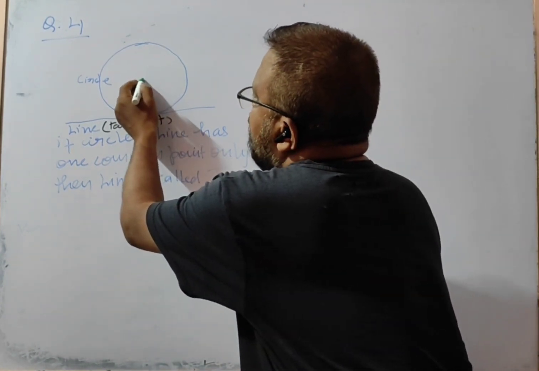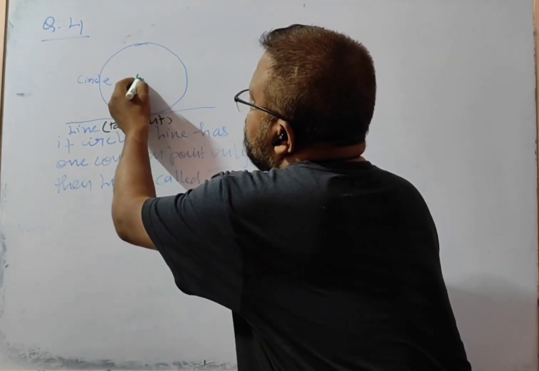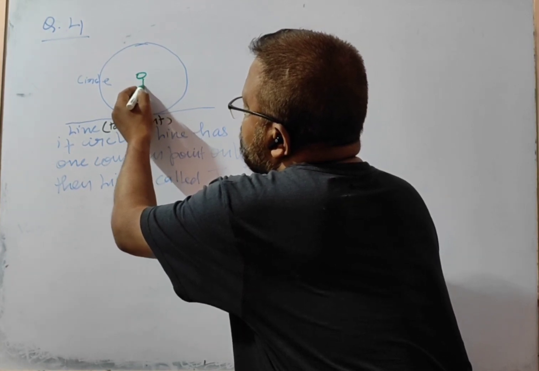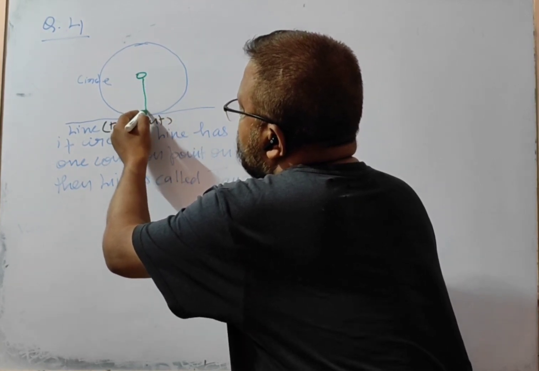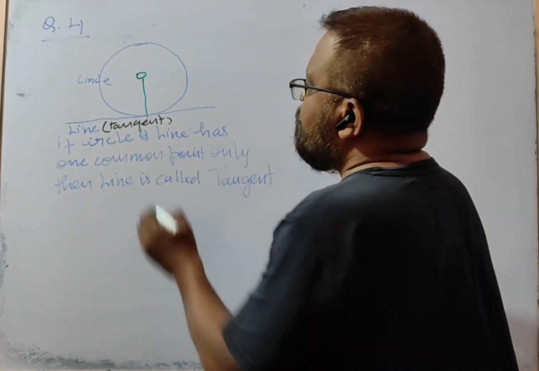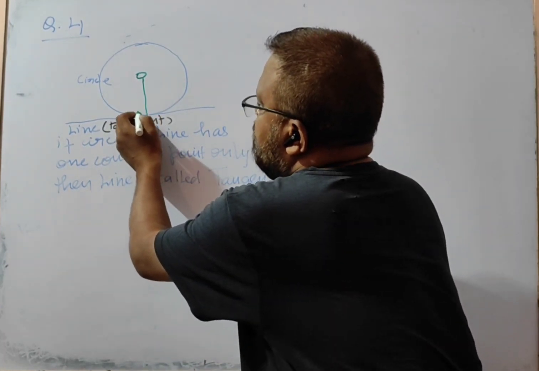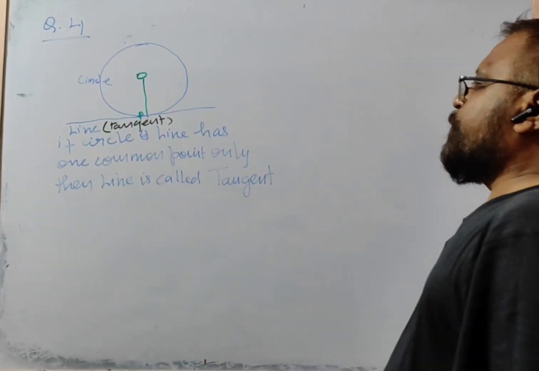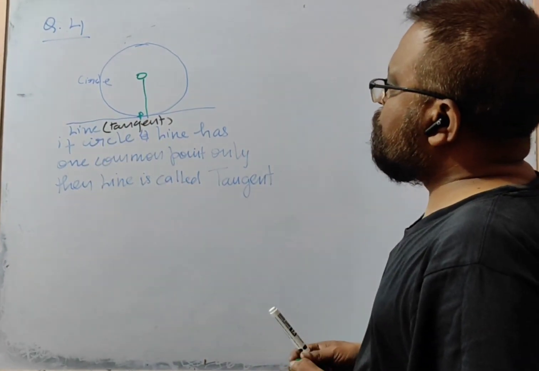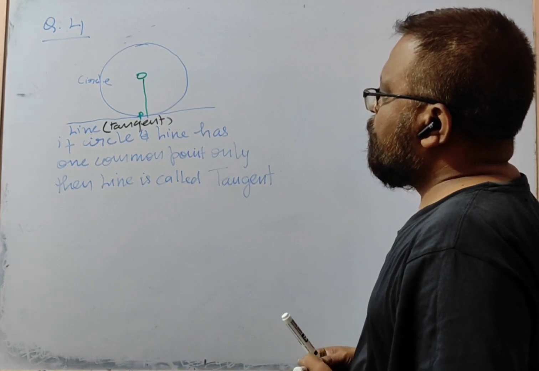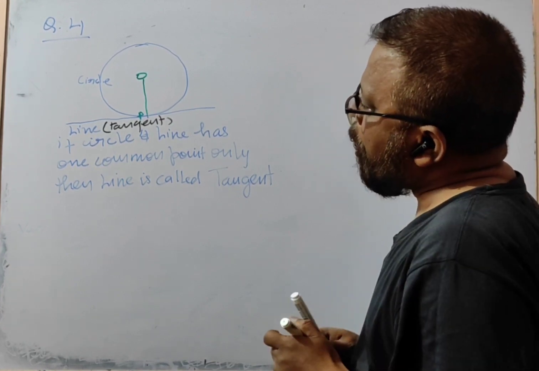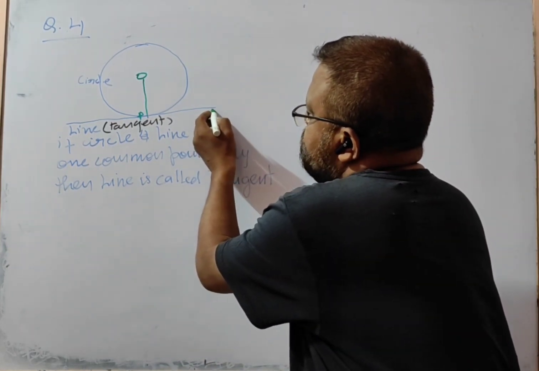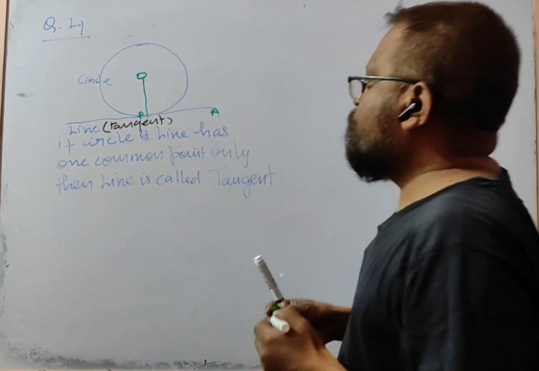This is the center of circle O, and it is joining the common point between line and circle, that we call P, right? So this we say A.